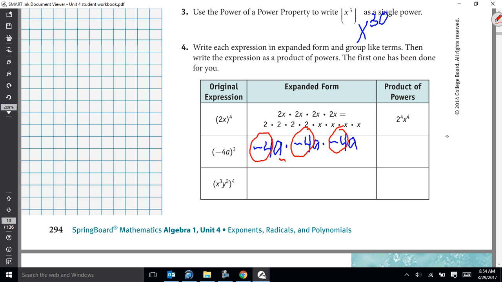So how many times is negative 4 happening? 3. Make sure you put parentheses around that. That'll have to do with your calculator, because your calculator is really not as smart as you think it is. And then we have a times a times a, so we have a to the 3rd power there. So we have negative 4 to the 3rd power, and then a to the 3rd power.